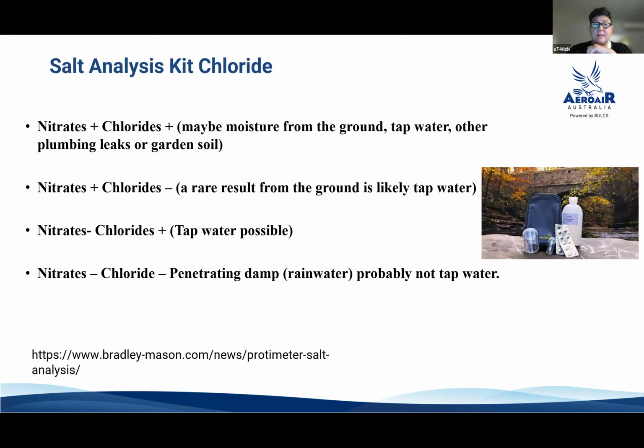If you find that there is nitrate and chlorine in that solution, you know that it's a water event. If you see that it's only nitrate, it means that there's a damp rising event. Those two pieces of information are very useful for assessment, because one may be an intrusive event and the other may be a more critical building failure.